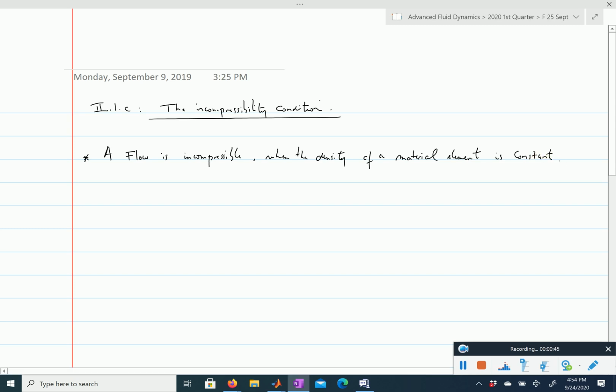So this is the definition of an incompressible flow, and of course mathematically one way of expressing that using the material derivative is simply to say that the material derivative of the density rho is equal to 0. This condition is sometimes referred to as the incompressibility condition.